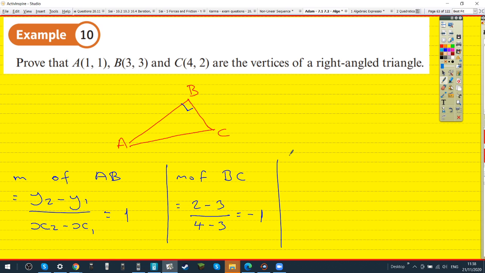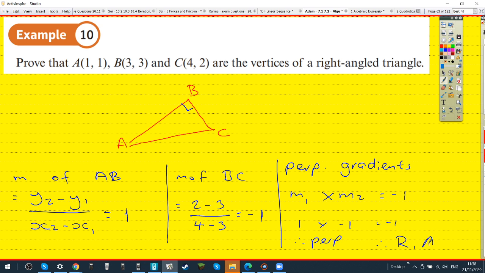Essentially we have to show that these gradients are perpendicular. If two gradients are perpendicular, when you multiply them together, you should get minus 1. So you do 1 multiplied by minus 1, which gives you minus 1. So they are perpendicular. Therefore, the triangle ABC is right-angled.